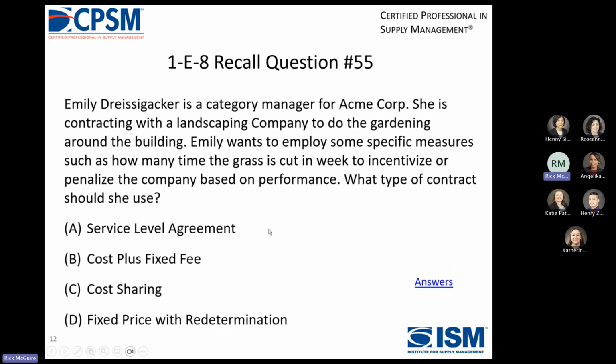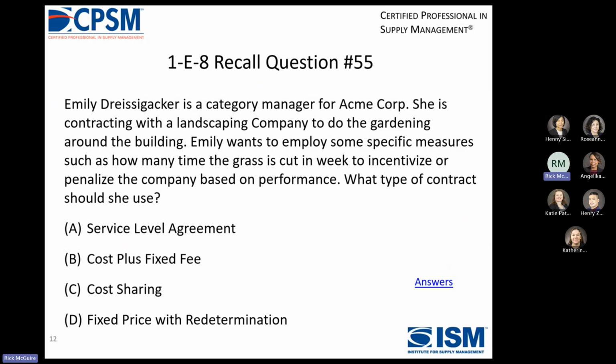All right. Emily Dressengacher is a category manager for Acme. She is contracting with a landscaping company to do the gardening around the building. Emily wants to employ some specific measures, such as how many times the grass is cut in a week, to incentivize or penalize the company based on performance.